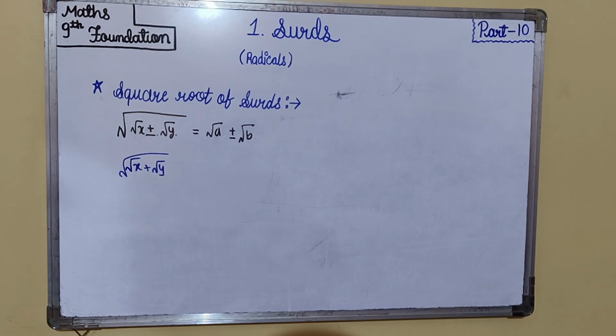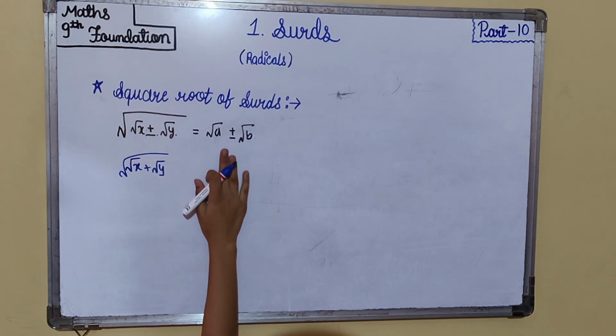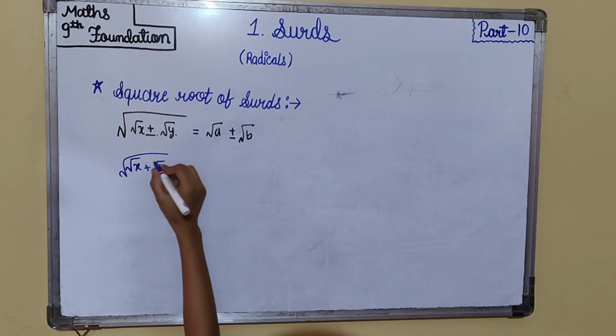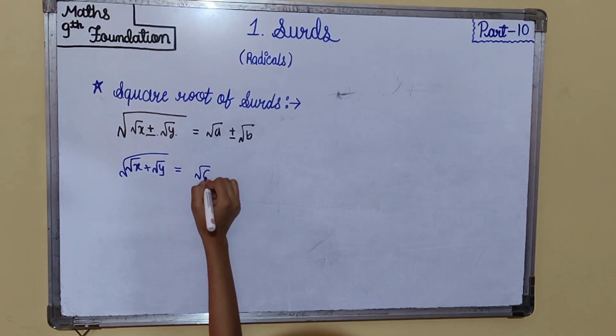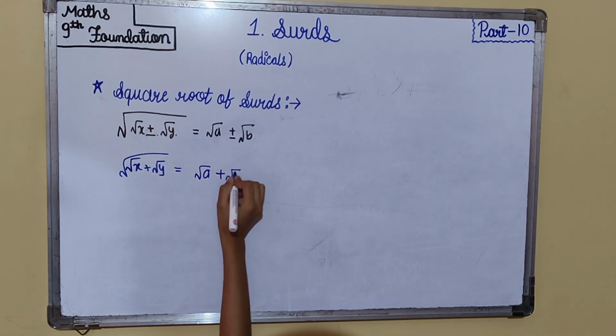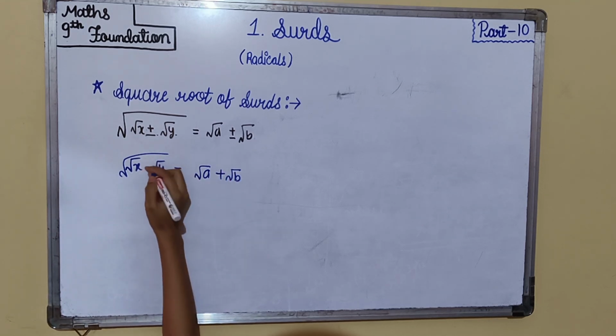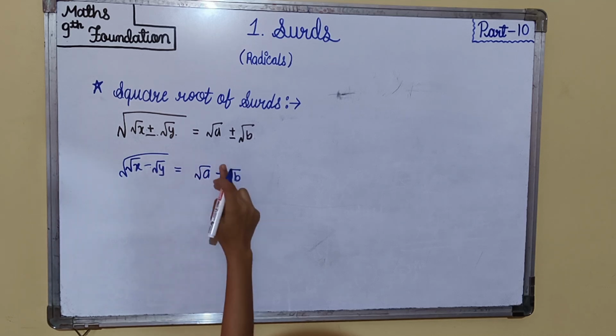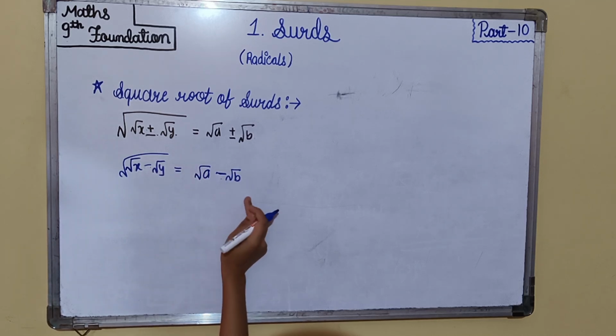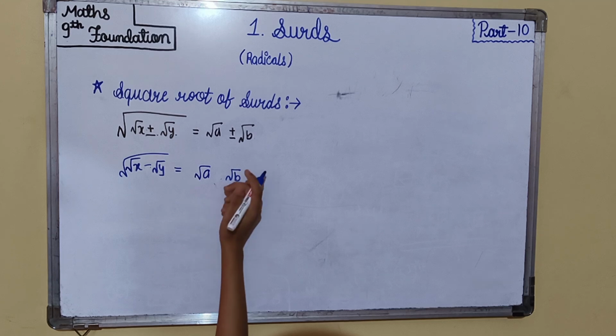So step 1 is equate the given expression to root a plus root b. According to the sign, if root x minus root y is written, then you will take root a minus root b.